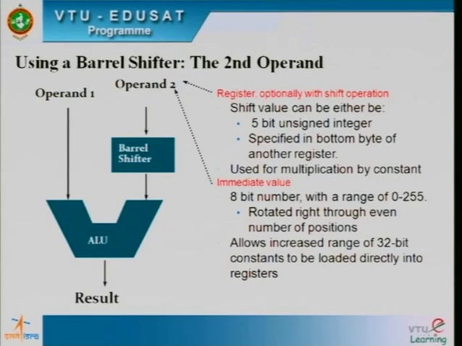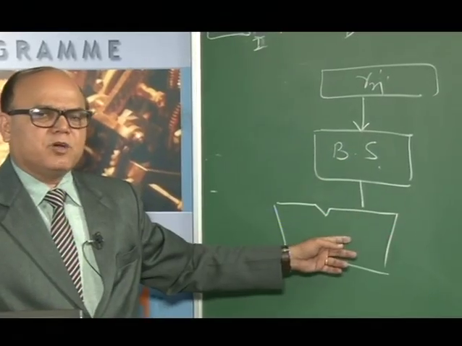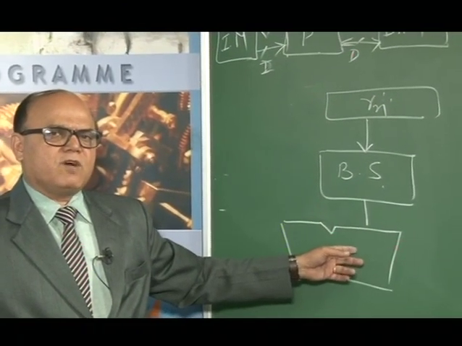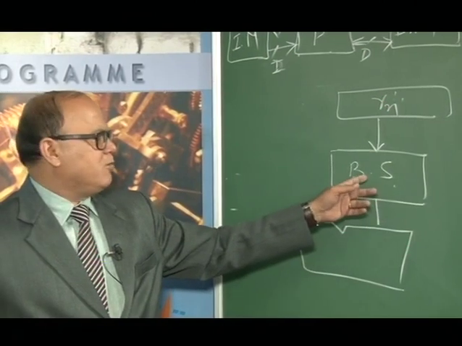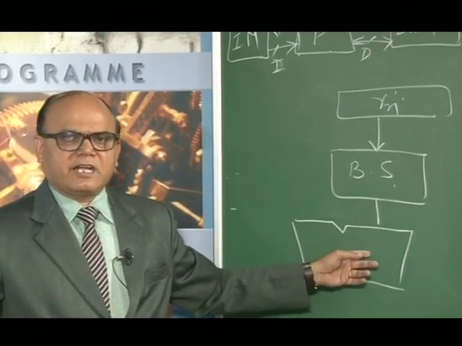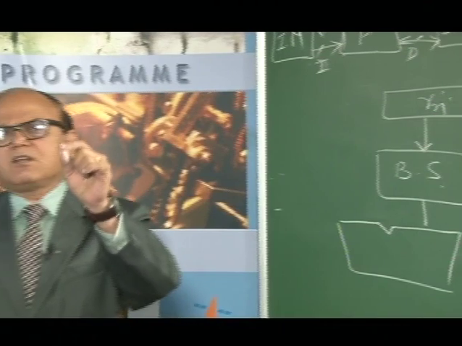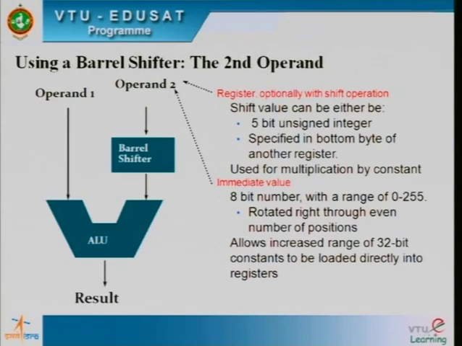For example, in one instruction I can perform a multiplication and then forward it to the ALU, so in one instruction I can complete both a multiplication as well as an addition as a single atomic instruction. That is the beauty of the ARM processor, one of the most powerful instructions we find in ARM processors.